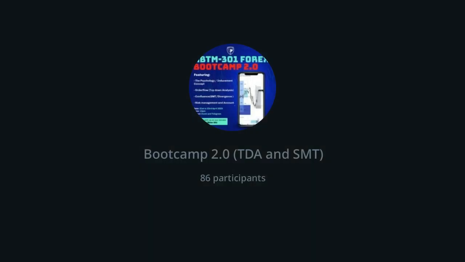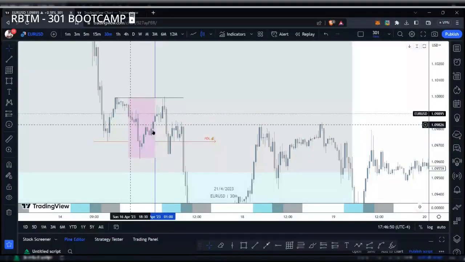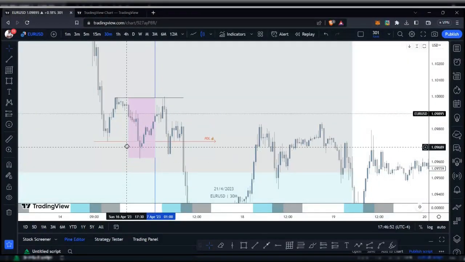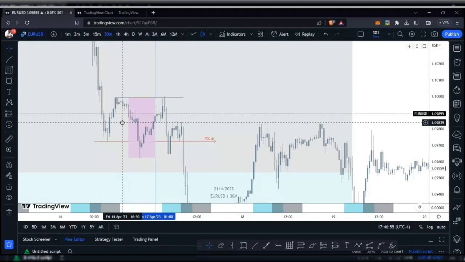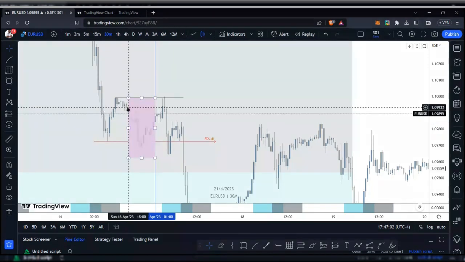Now, where's the weekly opening candle? Yeah, this candle opened the weekly candle.